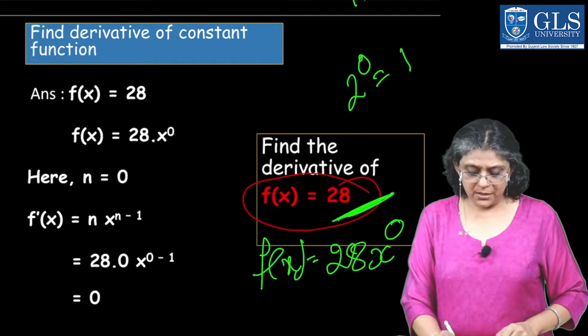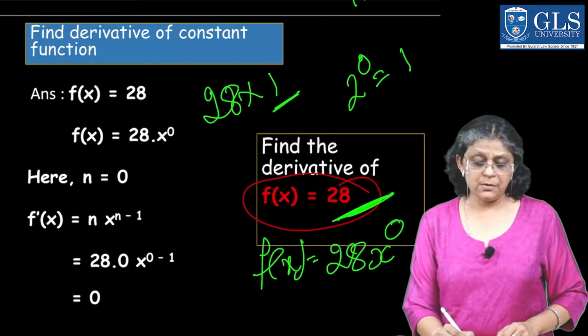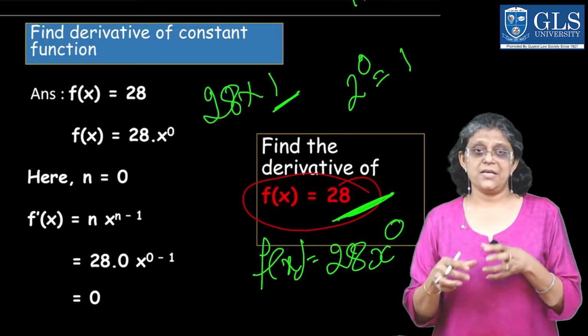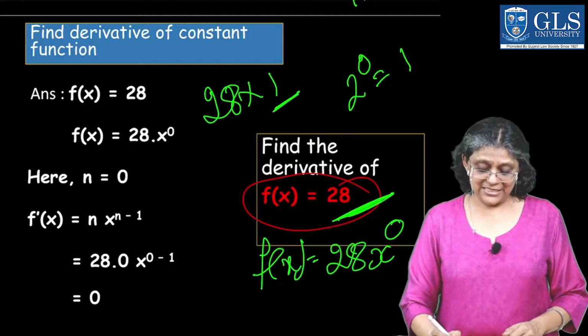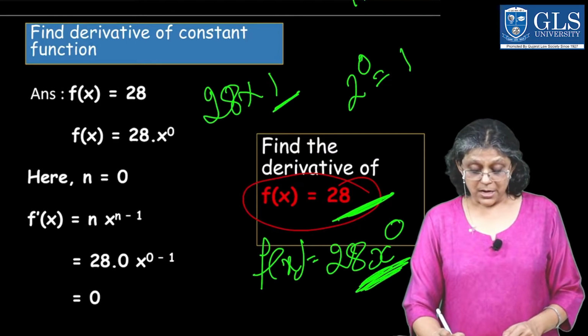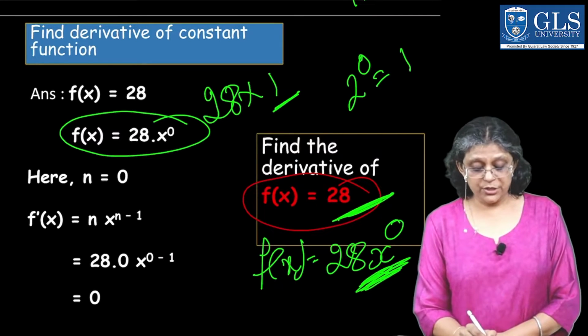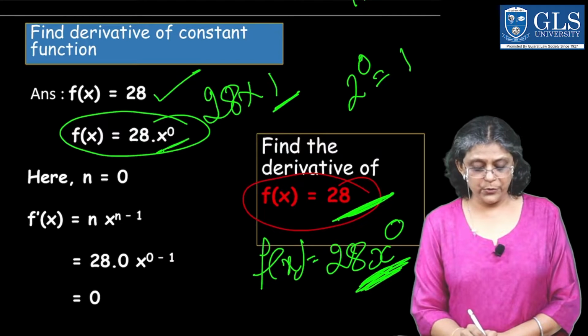So here what did I do with 28? 28 into 1. So what is 1? To make x a variable in my given equation, I say 28 into x raised to 0. Now bring this sum here. My original sum was this, but why did I make it x raised to 0?